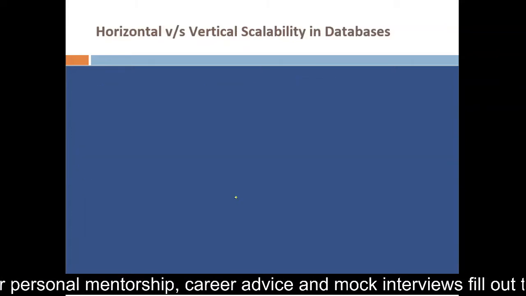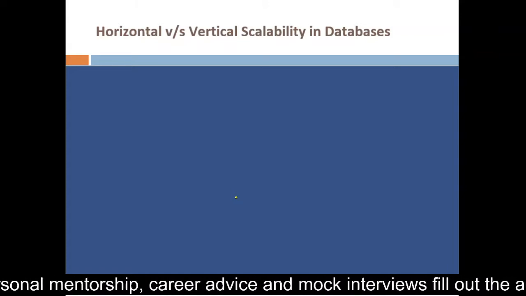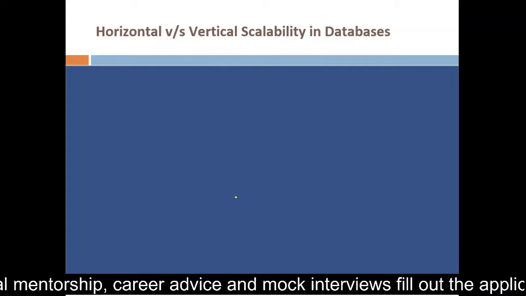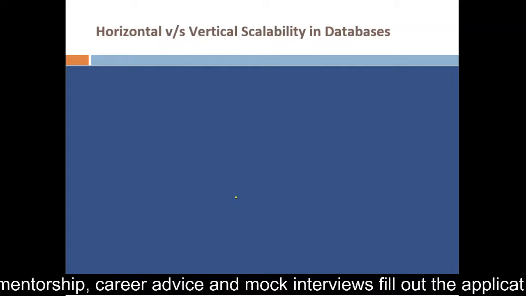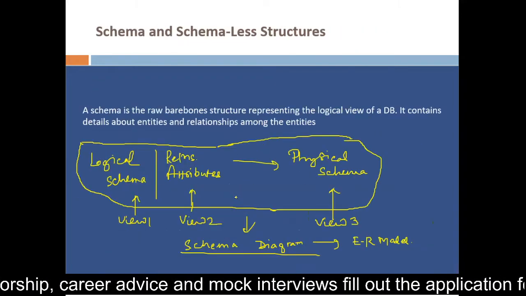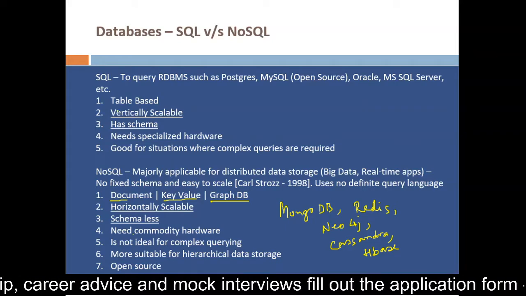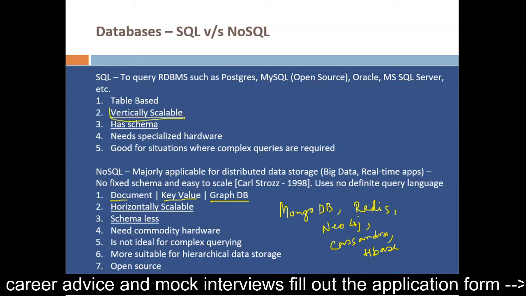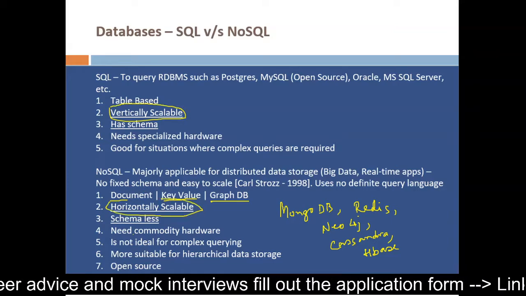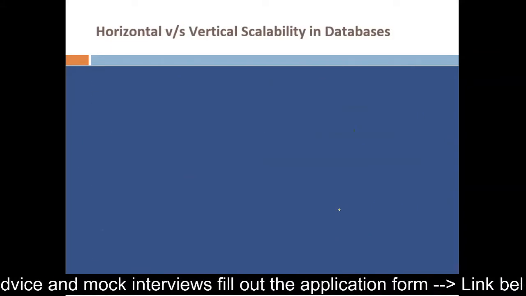Now, one important concept that we came across while talking about SQL and NoSQL databases is that of horizontal and vertical scalability, right? So if we go back to the slide on databases SQL and NoSQL, SQL is a vertically scalable structure, whereas NoSQL is a horizontally scalable structure. Now, what exactly do we mean by that?